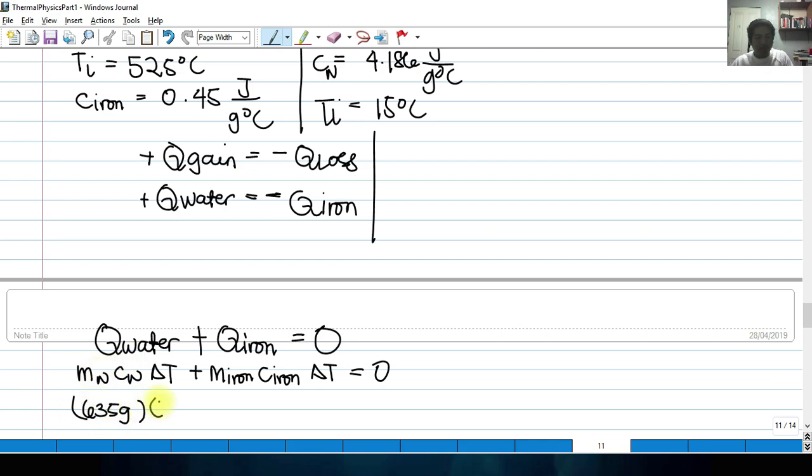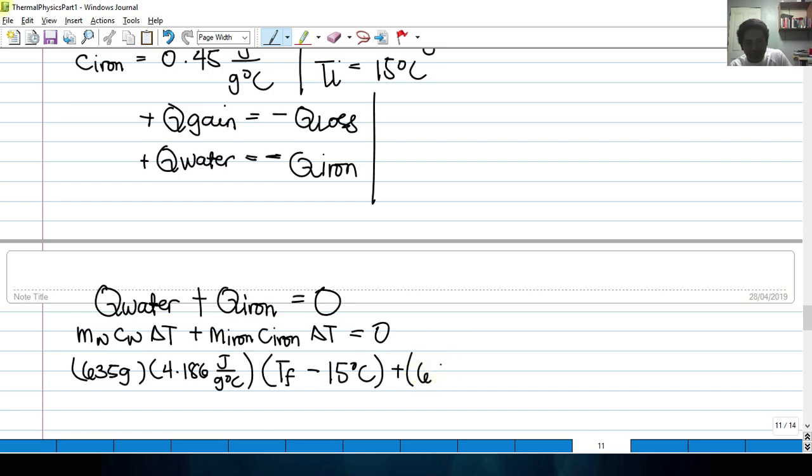And the C of water is 4.186 joules per gram degree Celsius. And the delta T, the final temperature we don't know, that's the unknown, minus the initial temperature of the water, which is 15 degrees Celsius, plus the mass of the iron, that is 65 grams. And the C of iron is given above, 0.45 joules per gram degree Celsius.